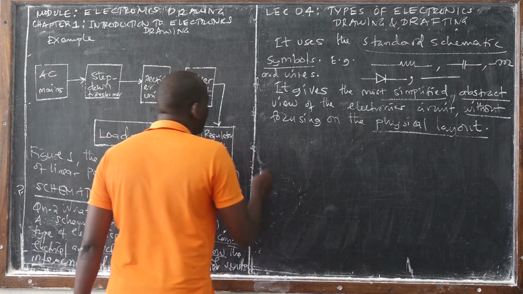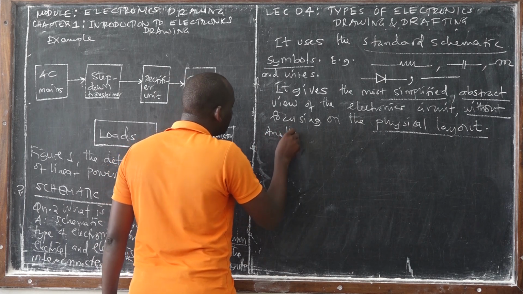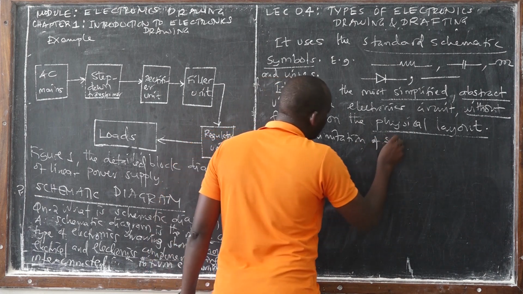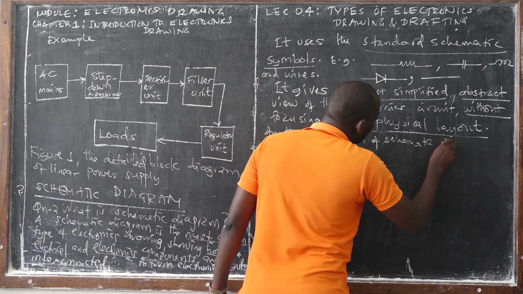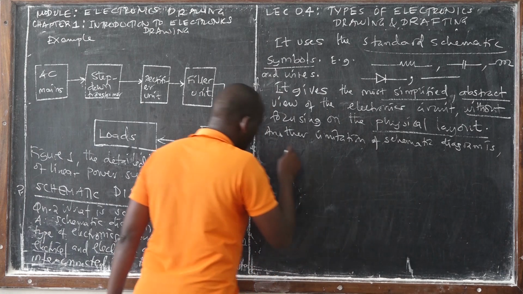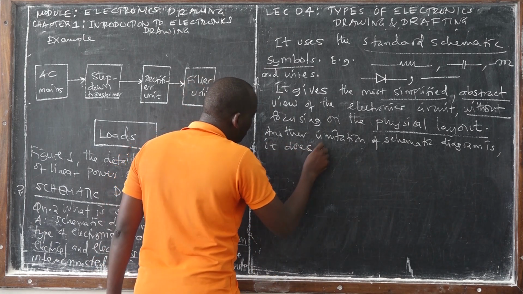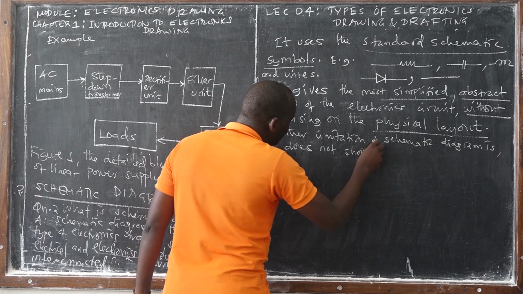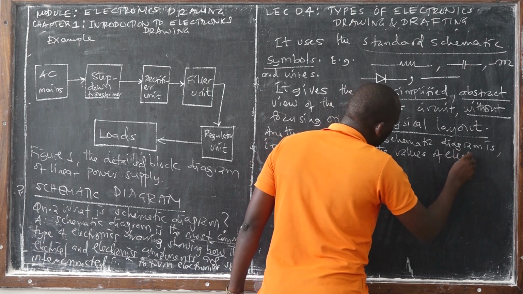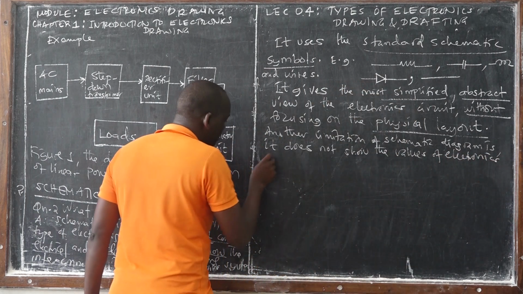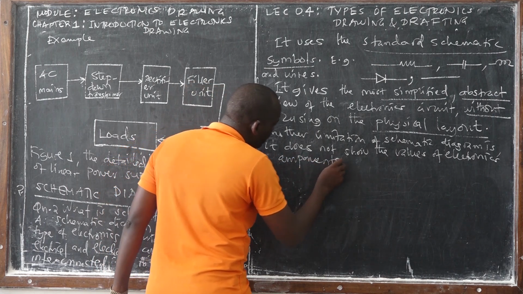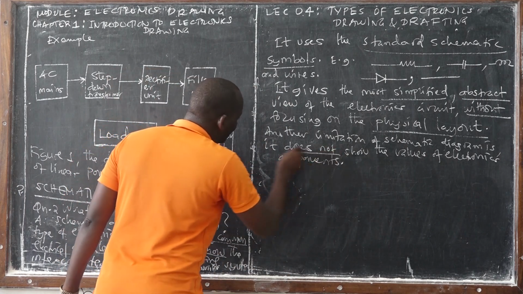So you say another limitation of schematic diagram is it does not show the values of electronics components. So in most cases, it does not show.